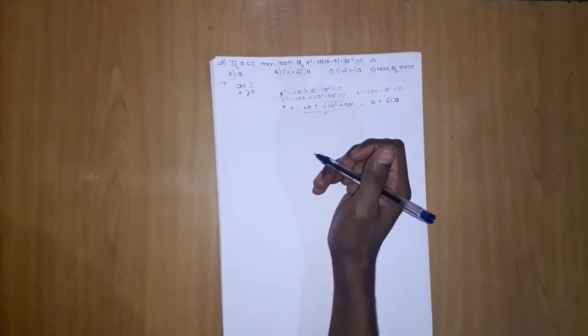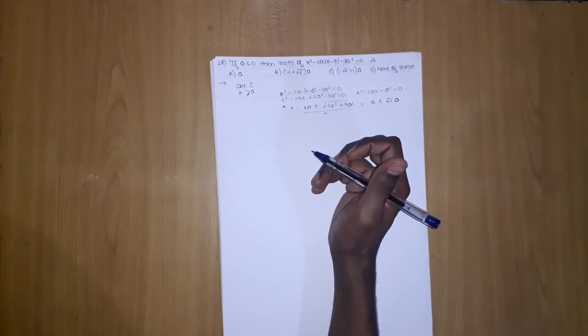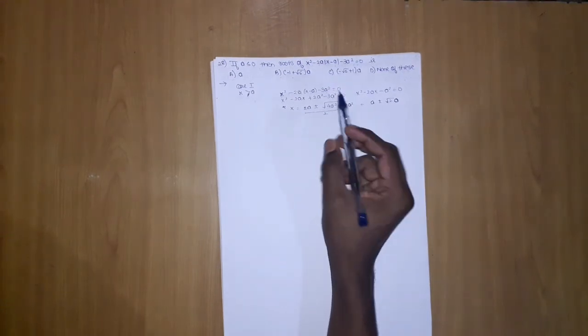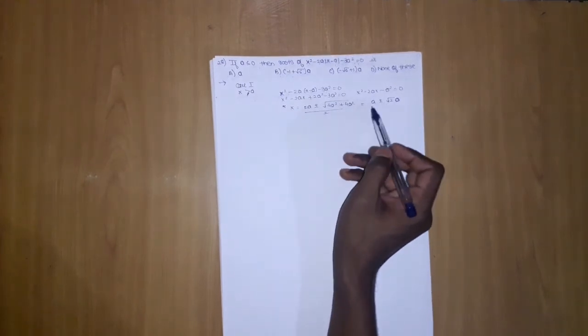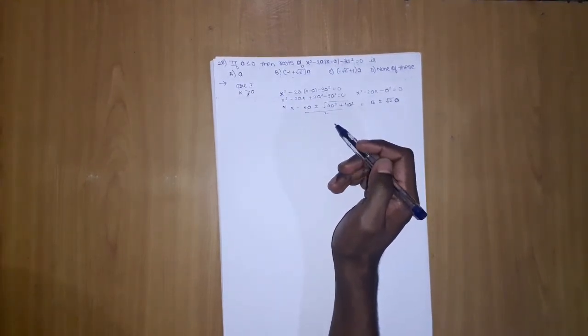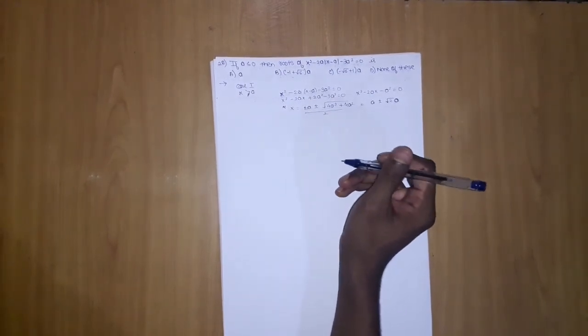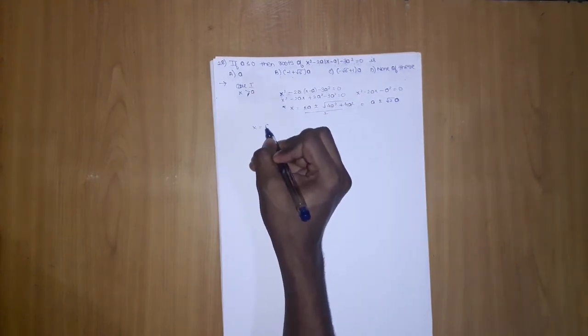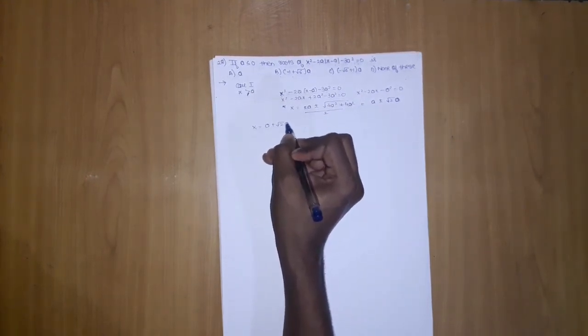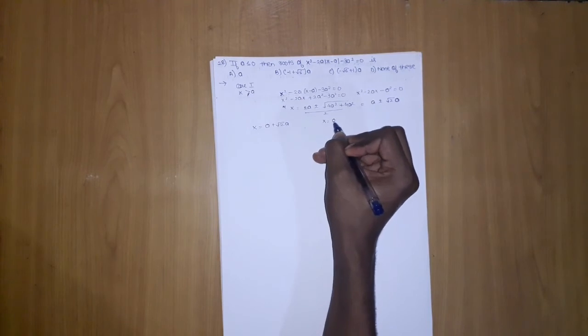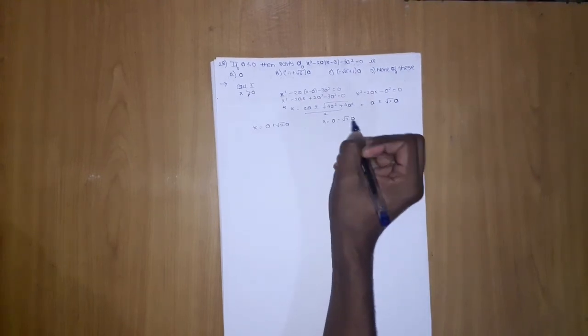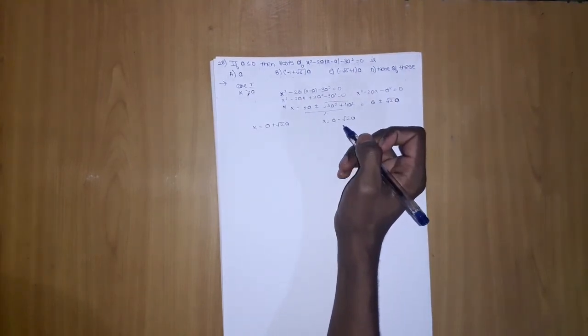Now x is greater than a. These two x values should be greater than a, so let's examine these two. First is x equals a plus under root 2 into a, and x equals a minus under root 2 into a, and a is less than 0.